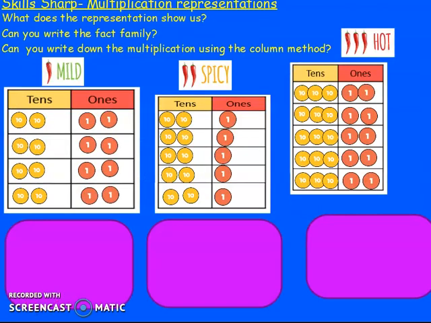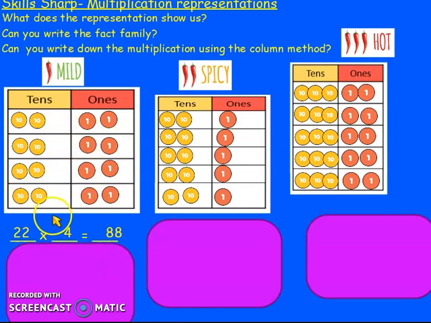Fantastic. Have a go yourself at this one and challenge yourself to write the column method problem as well. Pause the video to give yourself some time. Well done everybody, now let's go through them together. So this first one is showing us that 22 times 1, 2, 3, 4 equals 88.